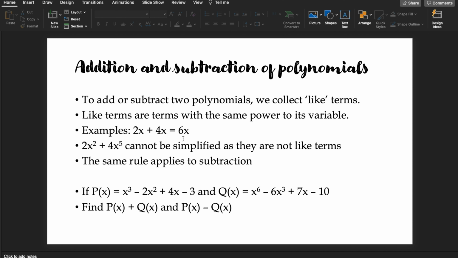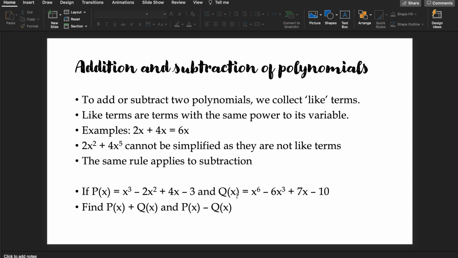We could also add 2x squared plus 4x squared, which would give us 6x squared. And then we cannot add 2x squared plus 4x to the power 5 because they're not like terms. They don't have the same power on the variable. The same rule applies to subtraction. So we could do 2x minus 4x, which would give us minus 2x, because 2 minus 4 is minus 2.